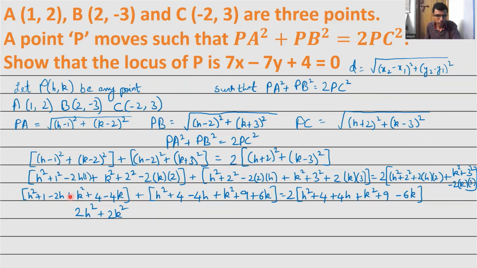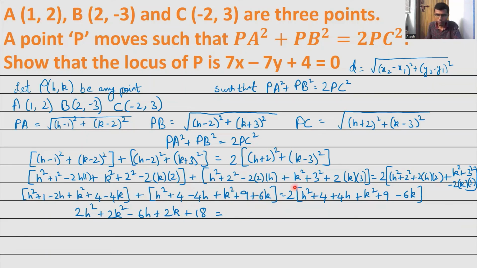So next, where's my h term? Minus 2h plus minus 4h is going to be minus 6h. Minus 4k plus 6k is going to be plus 2k. And then 1 plus 4 is 5, 5 plus 4 is 9, 9 plus 9 is 18.